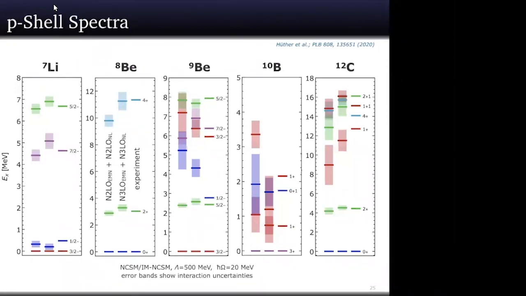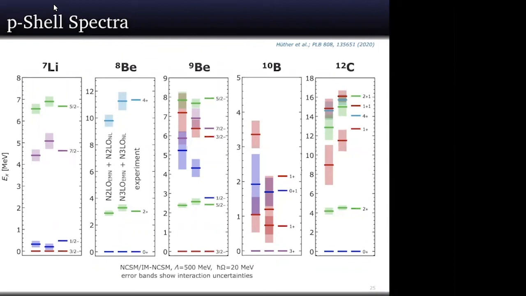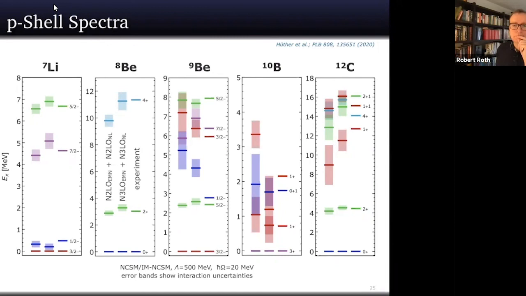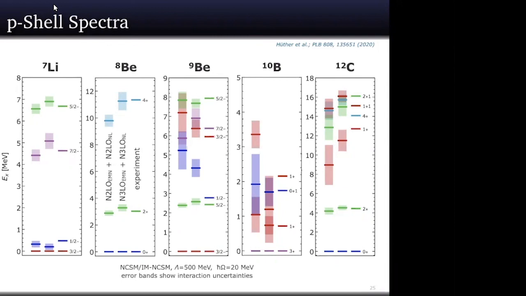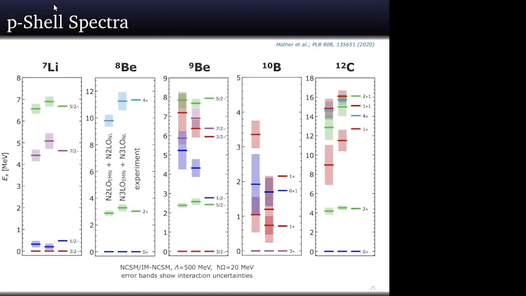Well, only to recap, because we already perhaps mentioned this with the Hoyle state in carbon. So of course we expect the simple no-core model, without any in-medium and so on, to be better, as long as we can reach a large enough Nmax or whatever.